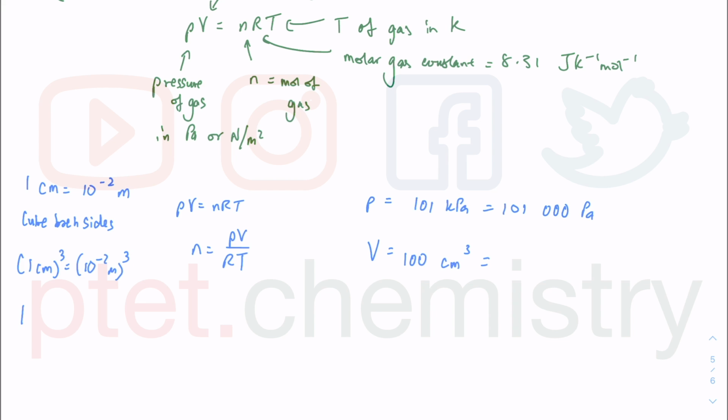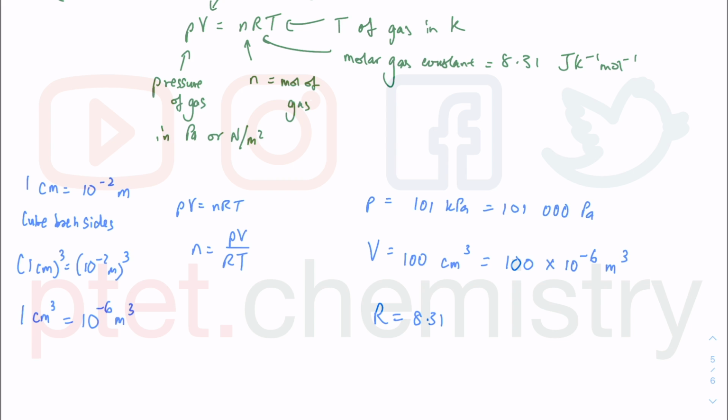So 1 cm cubed is going to be 10 to the minus 2 cubed, because you cube the whole thing, which gives me 10 to the minus 6 meter cubed. So converting 100 cm cubed to meter cubed is multiplying by 10 to the minus 6. I do not want to manipulate anything. I just write down my value and times 10 to the minus 6. Later on, I can key it into my calculator easily.